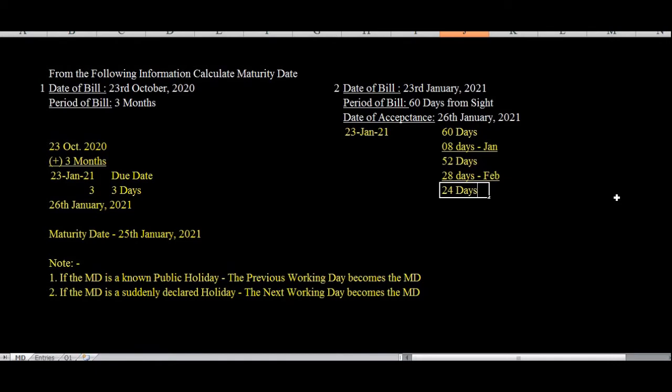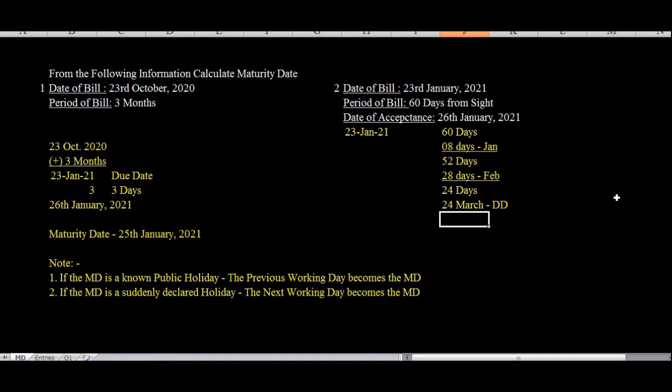After February, the next month is March. March has total 31 days, but we can go ahead only for 24 days. So 24th March becomes our due date.